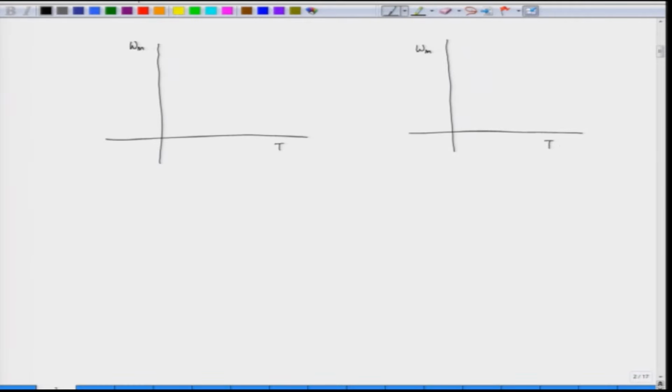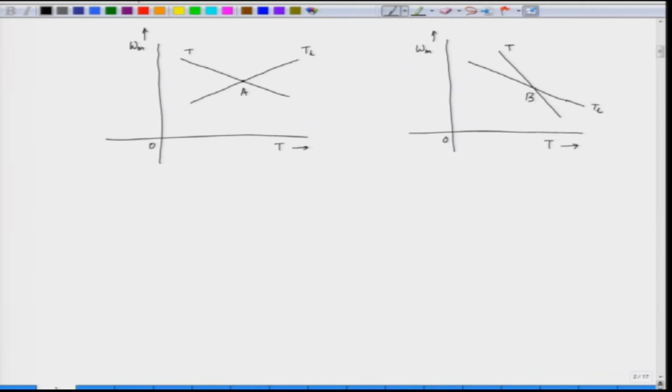Here we have omega m and T. Let us say this is our motor characteristic T and this is the load characteristic T L. Here we have the motor characteristic T and we have the load characteristic which is T L. Now, in the first case we have the intersection which is point A, and in the second case the intersection is point B. So, we have two different examples.